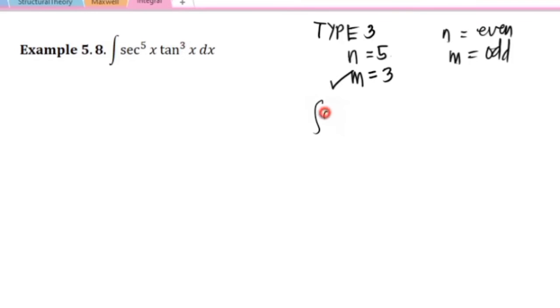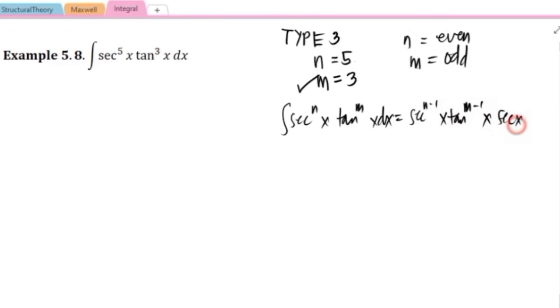I-express natin yung secant n x tangent m x dx, magpa-factor out tayo ng secant. So, we have here secant n minus 1 x tangent m minus 1 x secant x tangent x. And then we will express this tangent here into secant using the identity tangent square x is equal to secant square x minus 1.